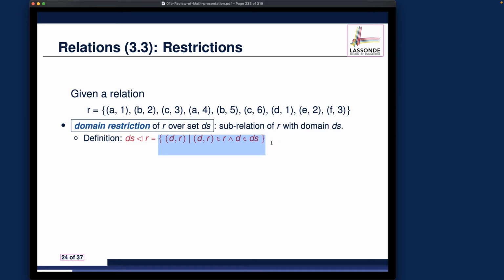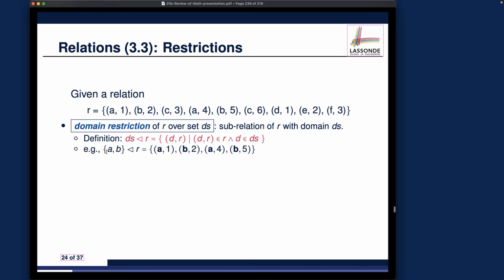That means the result is going to be a relation. Every order pair in the result is going to be such that it should be in R in the first place, and then the first element d is also in ds, which is something we want to restrict to. That's basically the idea, right? Let's take a look at one example. Let's say we want to restrict to AB.